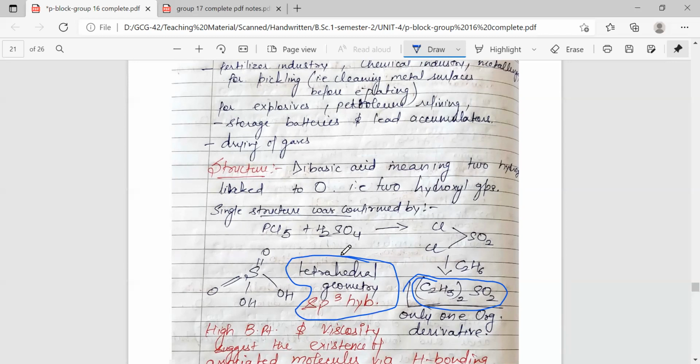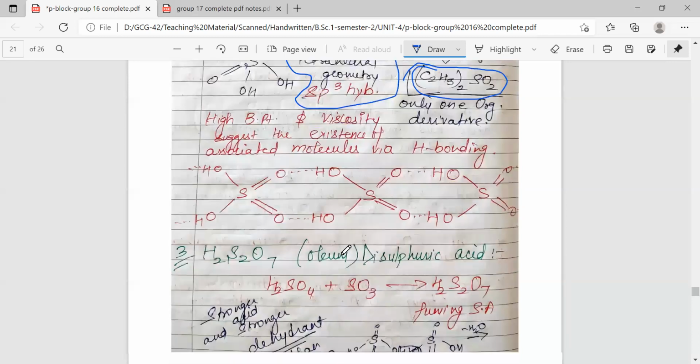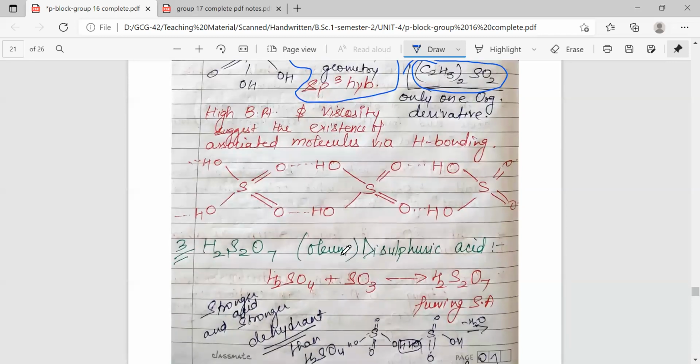It has tetrahedral geometry with sp3 hybridization. It has high boiling point and viscosity, suggesting its existence in the form of associated molecules. The reason for association is hydrogen bonding. So it is highly hydrogen bonded.